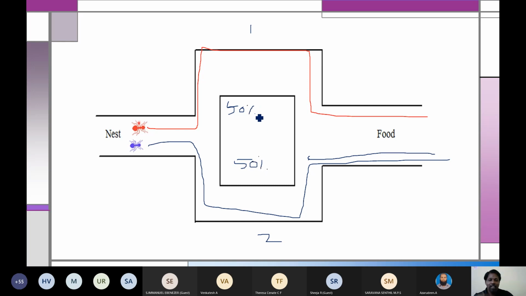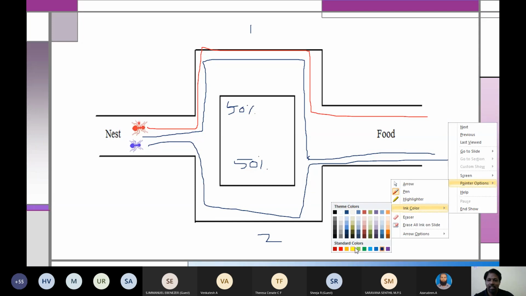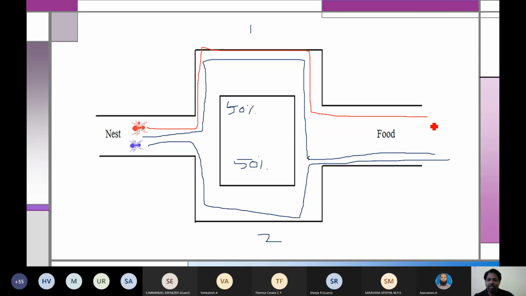It can take any path. In the previous one you saw it took the same path; now it is taking this path. And the red ant, obviously from the same, is also taking this path.